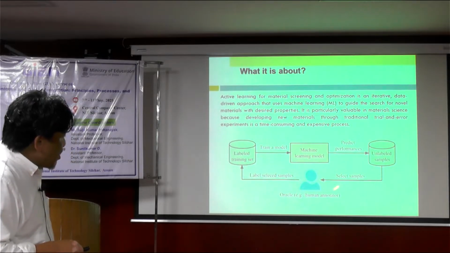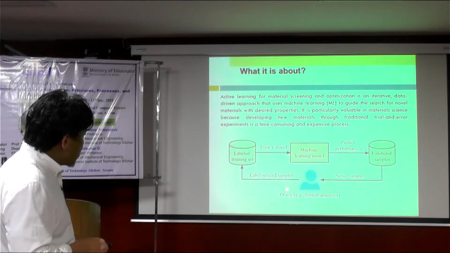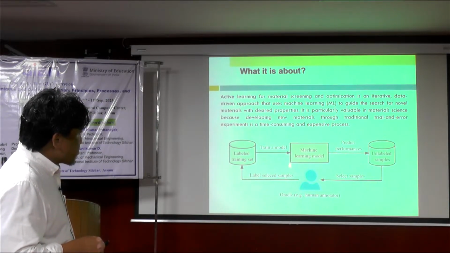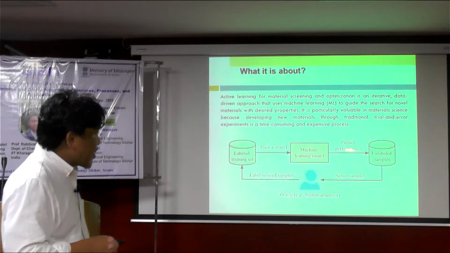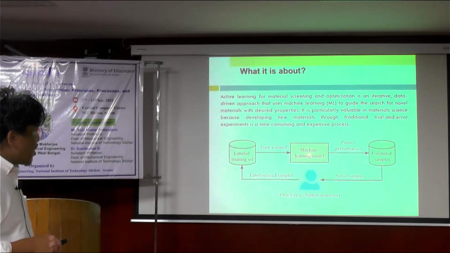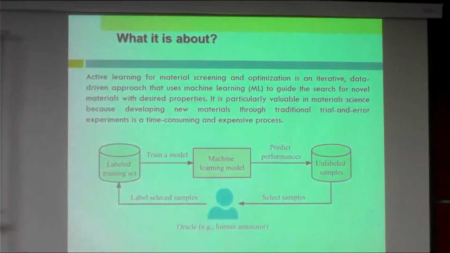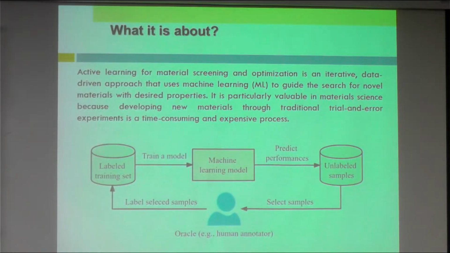Here, if you look at this, this is a schematic of a simplified active learning model or process. You have your unlabeled samples. Unlabeled means you do not know exactly what the data is for, what kind of property that particular material has, or what that material is good for.